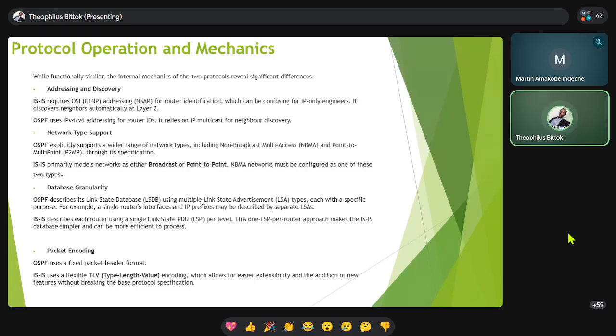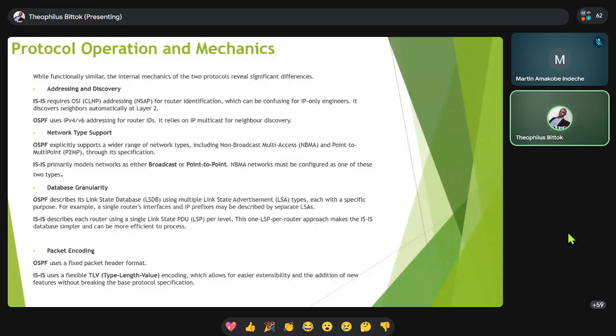And then on the database granularity, you'll have many LSAs in OSPF, but for ISIS you'll only have level 1 LSP or level 2 LSP. And then OSPF uses a fixed packet header format, but ISIS uses the type length value.